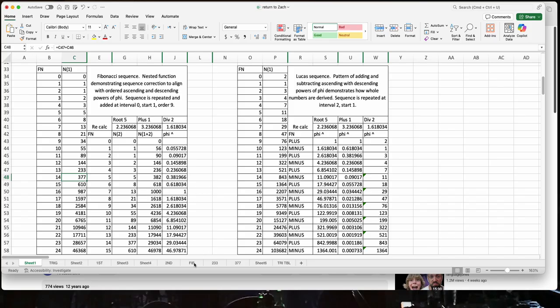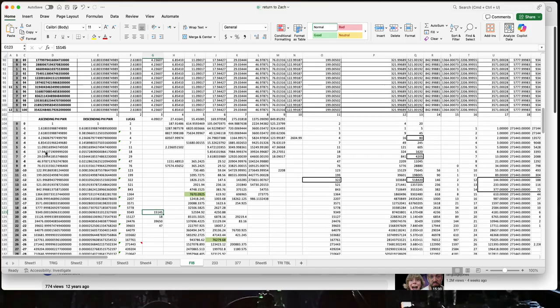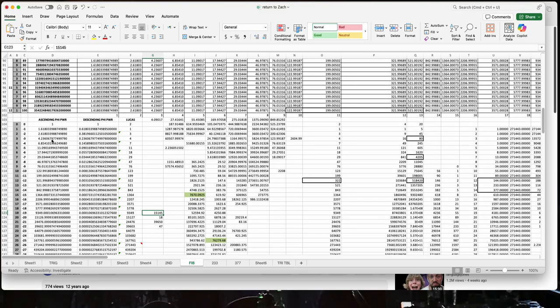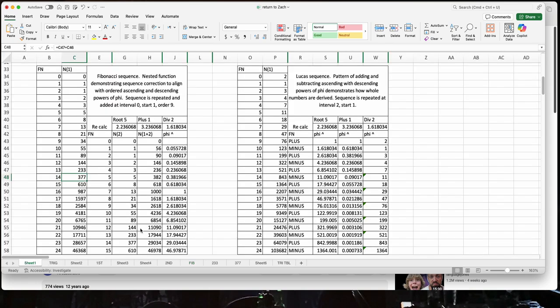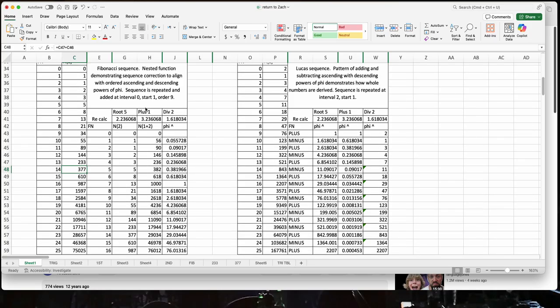Remember that our powers of phi here are going to be 1618, 2618, 4236, and so on and so forth. And then we're elevating this by 1,000, so this would be 1,000, 1618. If you drop down one, it would be 618. So this got me looking at nesting these orders.